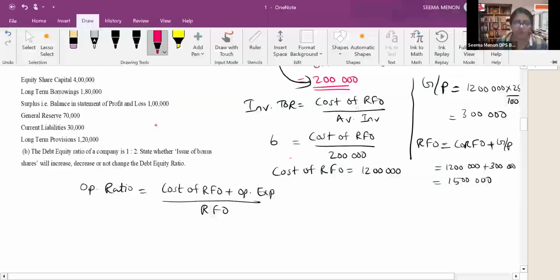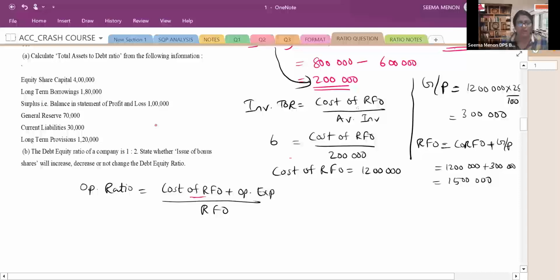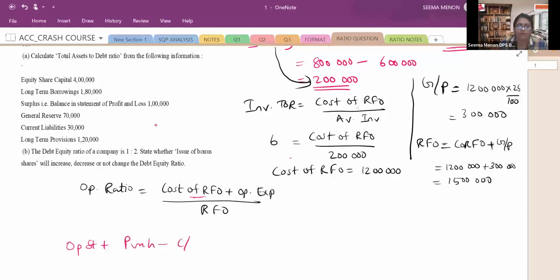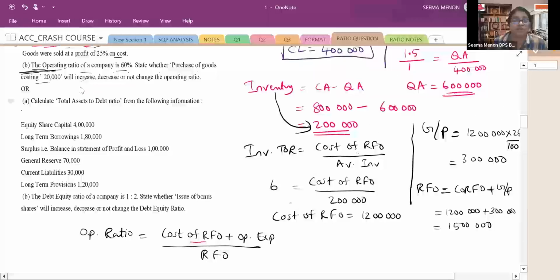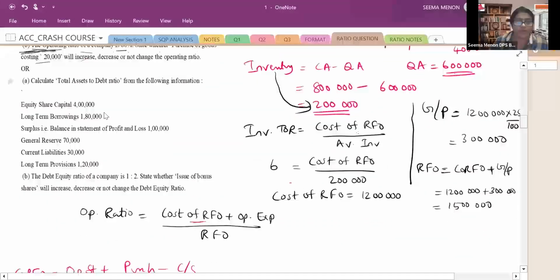Cost of revenue from operation: you all know the formula is opening stock plus purchases minus closing stock. Here they mention the case as purchase of goods costing rupees 20,000.